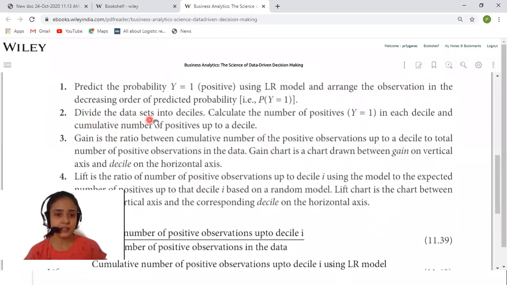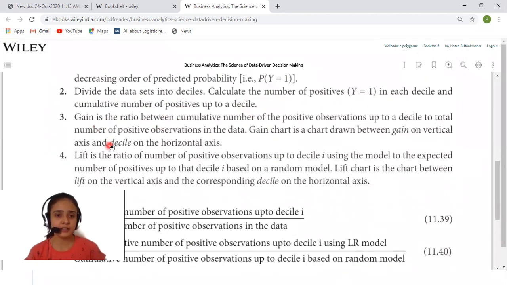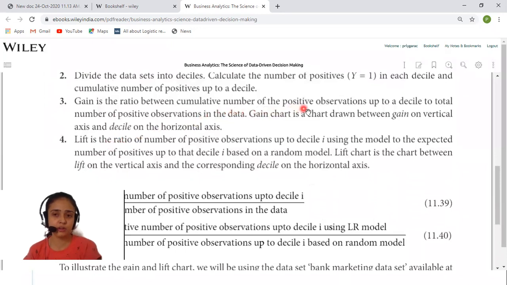Then divide the data set into deciles, and calculate the number of positives in each decile and the cumulative number of positives up to a decile. So what is gain? It is the ratio between the cumulative number of positive observations up to a decile to the total number of positive observations in the data.